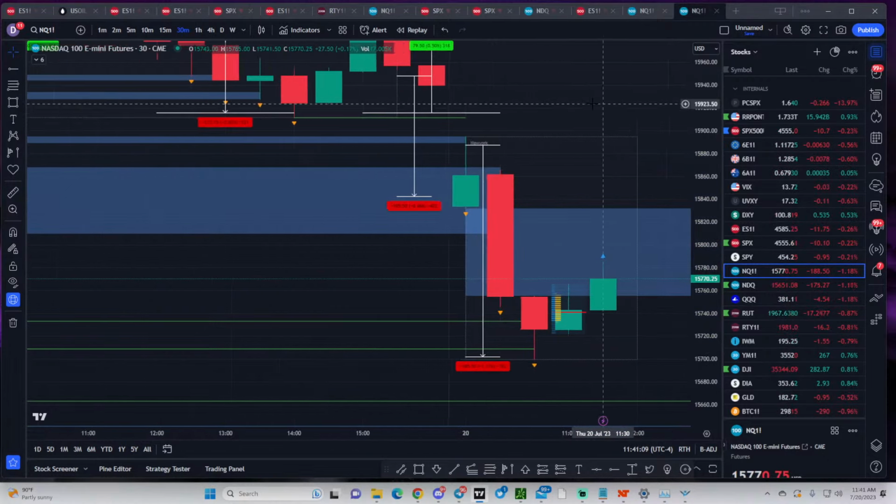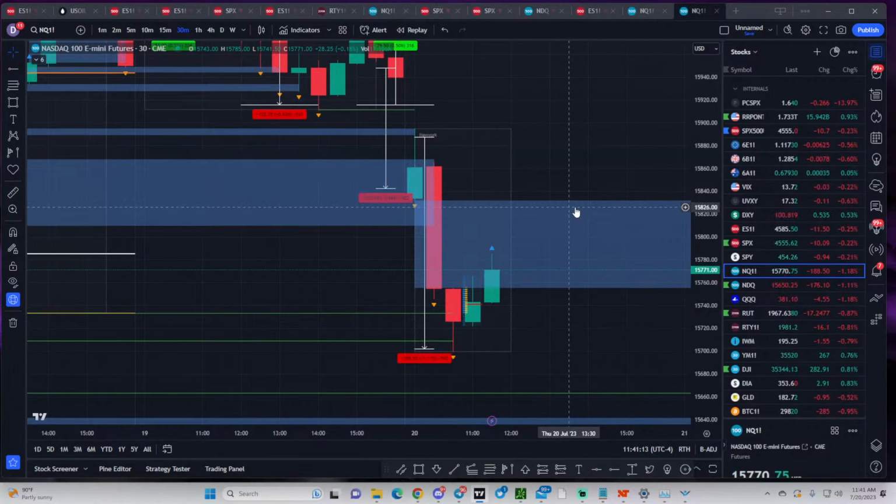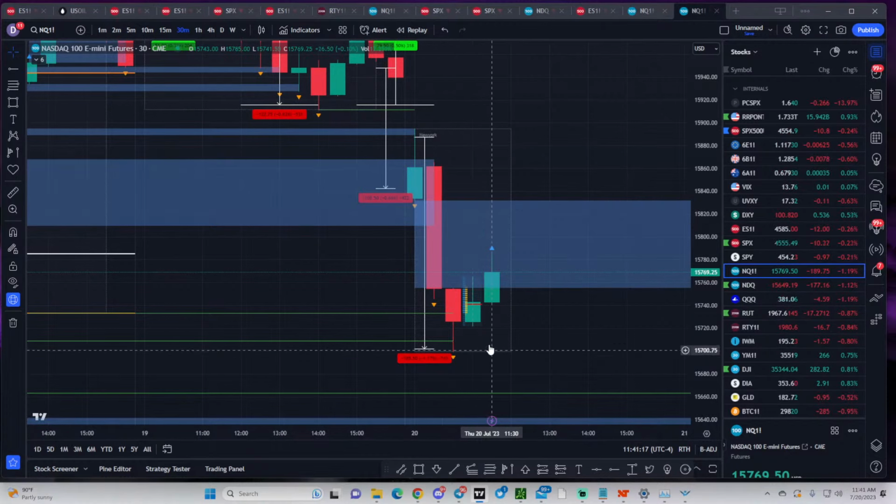There are other ways to identify single prints, but the easiest way is that if you have a candle that hasn't been traded through, then that is a single print. You take the low of the one before here and the high of the one that is printing, and that is filling the single print. Let me stop here just in case of any questions.